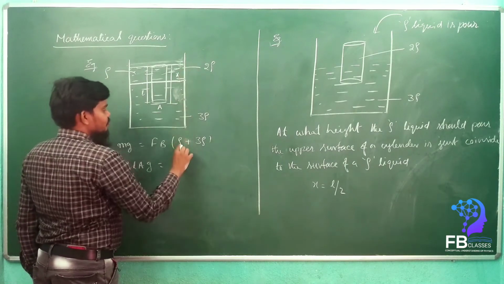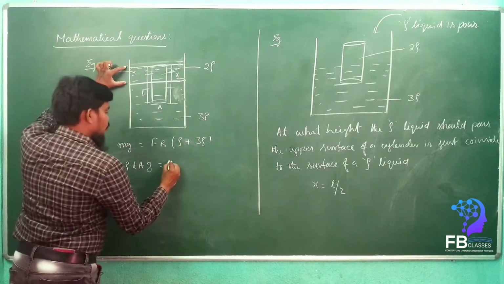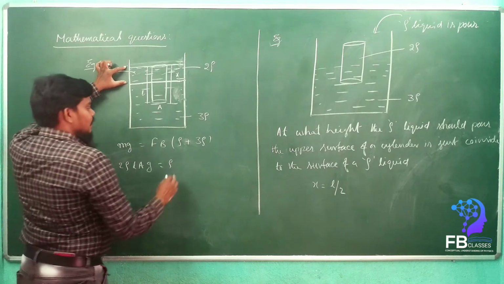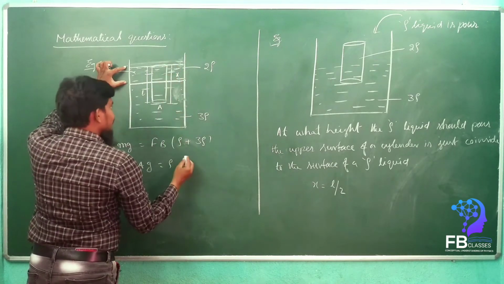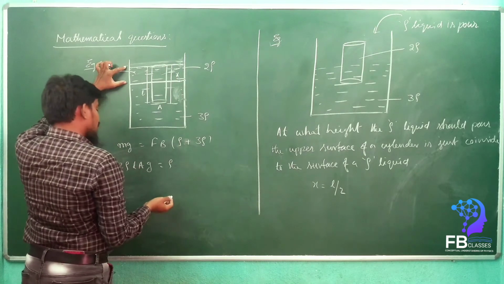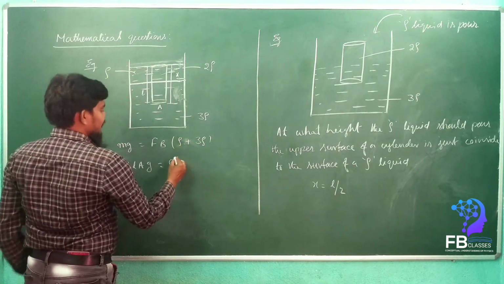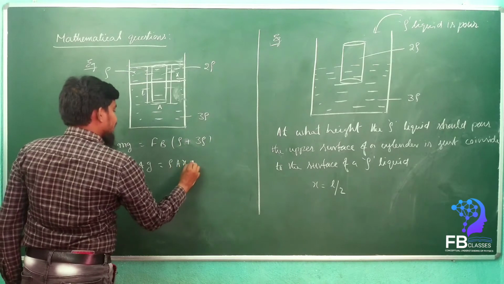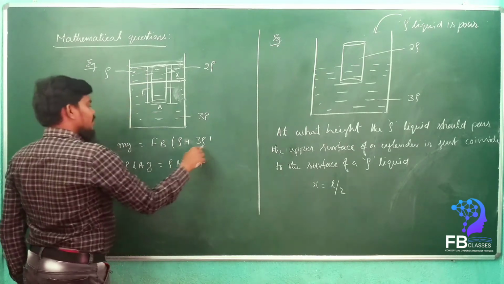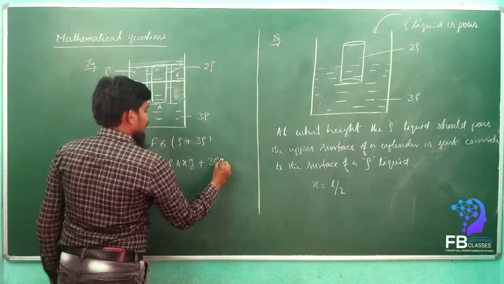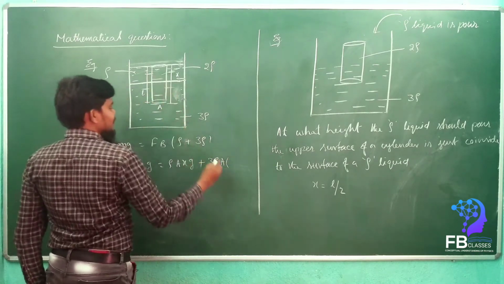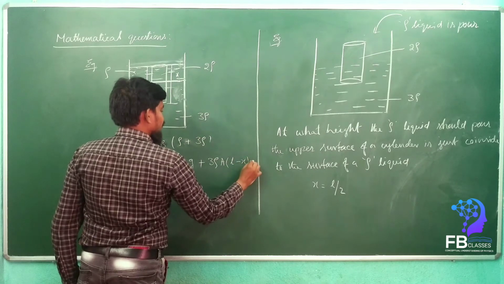FB of the first liquid column is rho, and the volume is A x, into g, plus for the 3 rho liquid, A with length L minus x, into g.